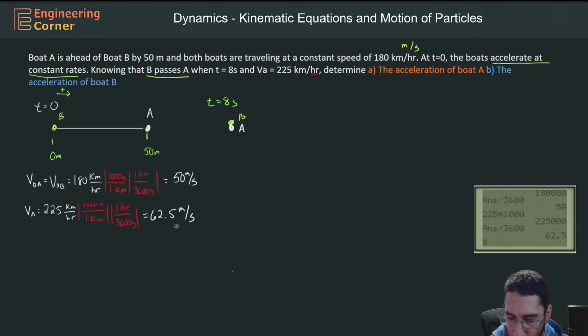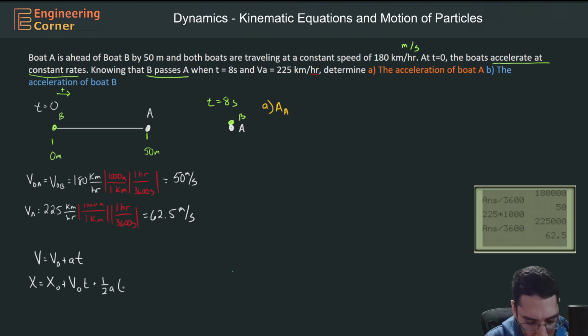So let's look at what the acceleration of boat A is. Again, we have to keep boat A and boat B, the accelerations, the velocities separate. So what we're trying to do for A is figure out the acceleration of boat A. Let me write out my equations. Velocity is initial velocity plus a times t. My position is my initial position plus v naught t plus 1/2 a t squared.